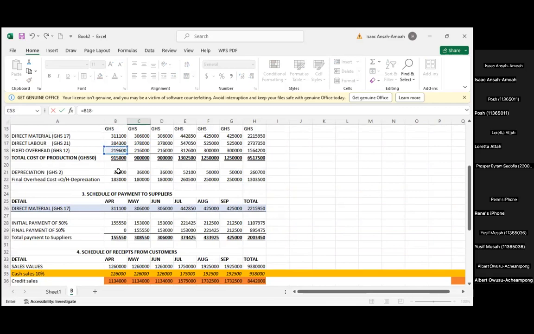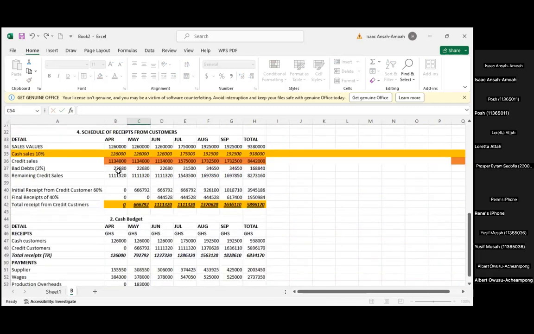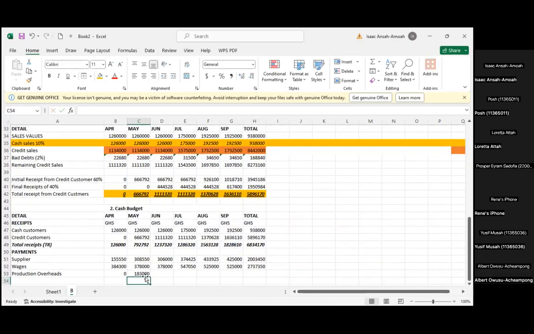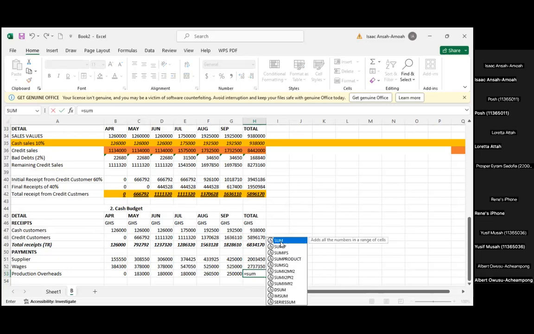Minus depreciation. Okay, so that is it. From here, after reporting my overhead cost, what I would have to do is check if I'm able to get my total payments.